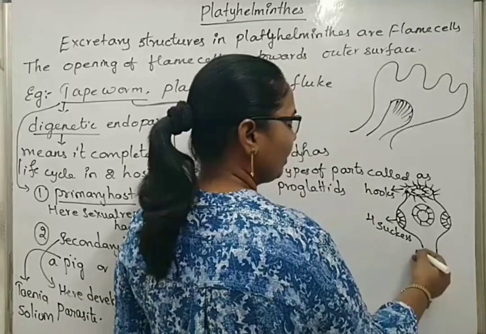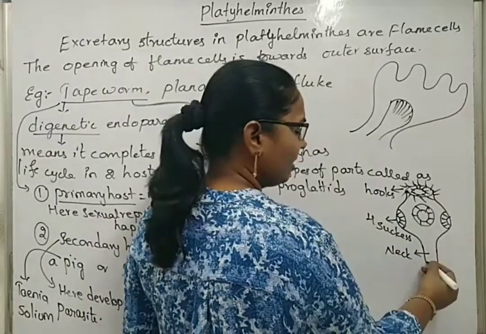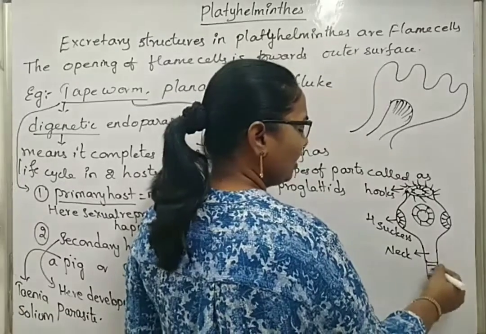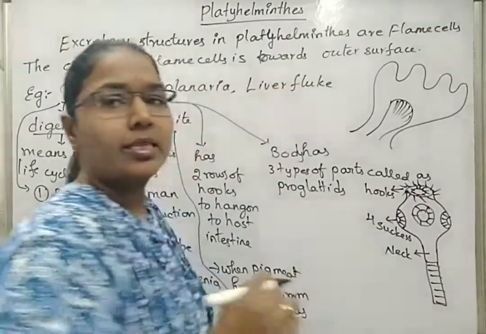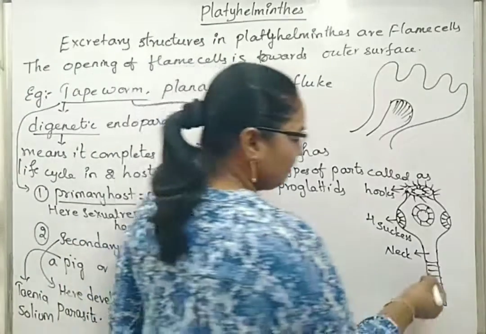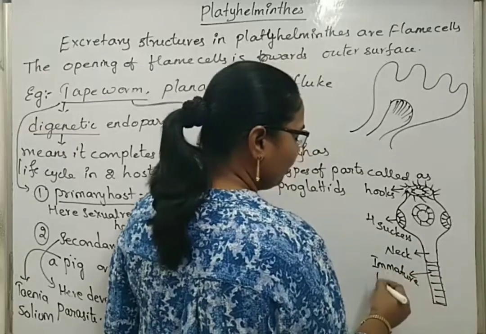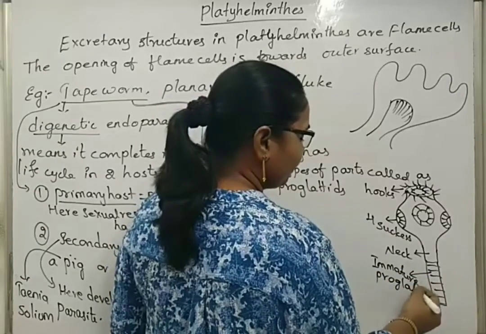Starting from here will be the neck region. After the neck, there will be immature proglottids where sex organs or reproductive structures are not well developed.